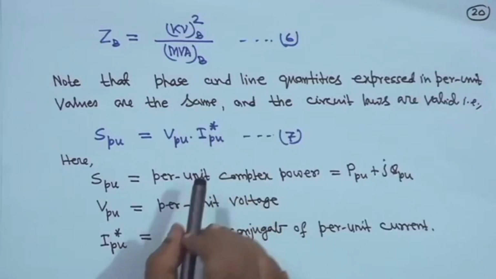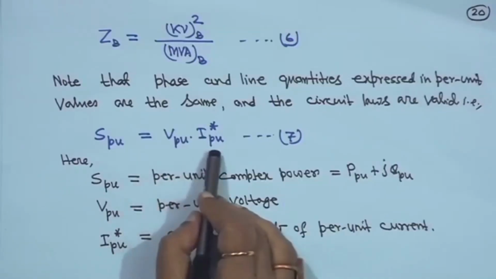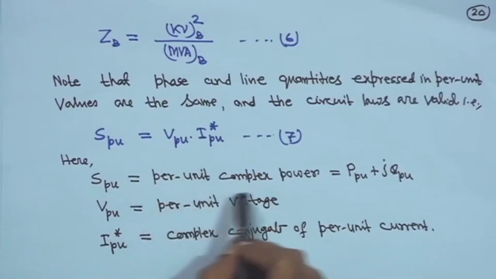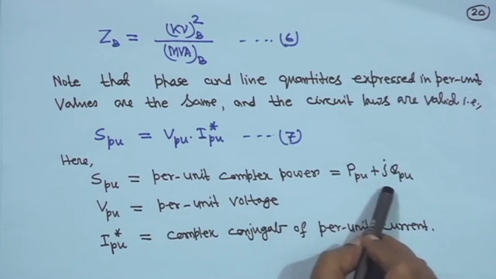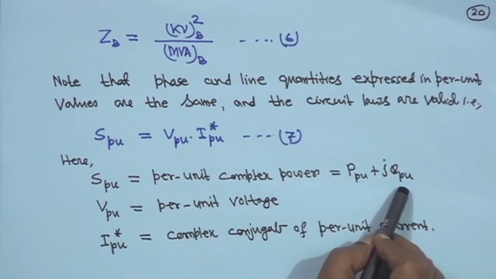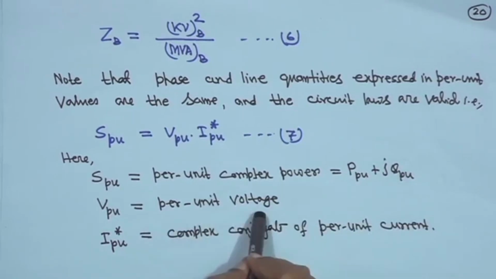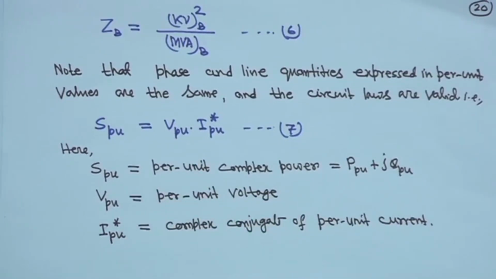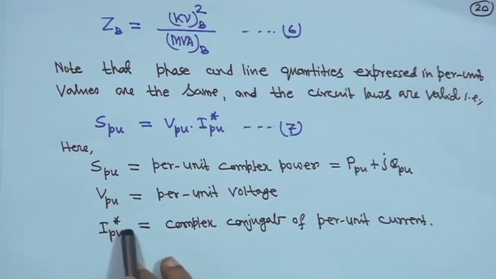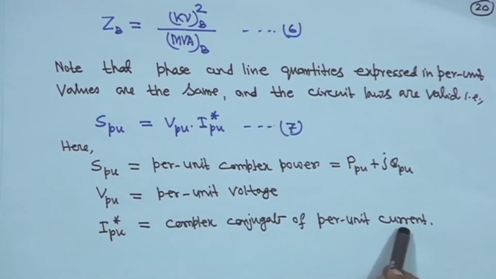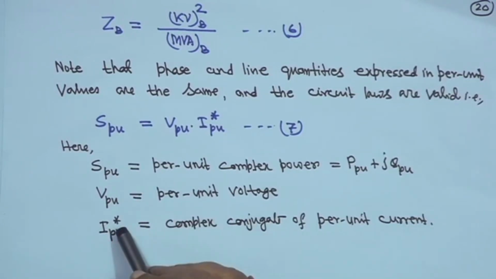This conjugate comes to capture the power factor angle when voltage and currents are purely sinusoidal, right. We will come to that for load flow studies. So, S_PU is per unit power, that is P_PU plus jQ_PU, right, all per unit. V_PU is per unit voltage and I_PU star, that is the complex conjugate of per unit current, right. So, star means the complex conjugate.